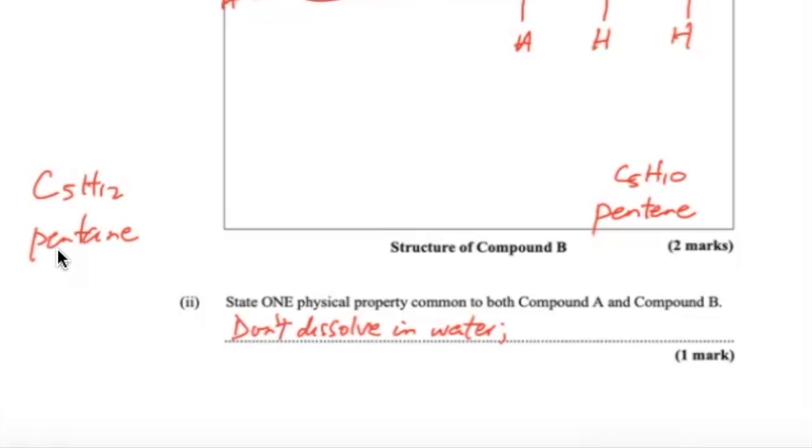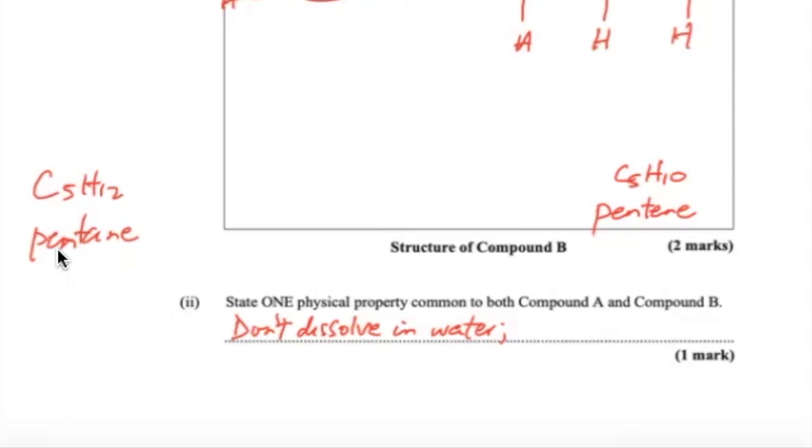What else? What about their physical state at room temperature? Would they be liquids? Would they be gases? Would they be solids? So this is correct. They don't dissolve in water. What else? Solids, we're talking about 5 carbons long. You don't get solids until you reach about 15 or so.